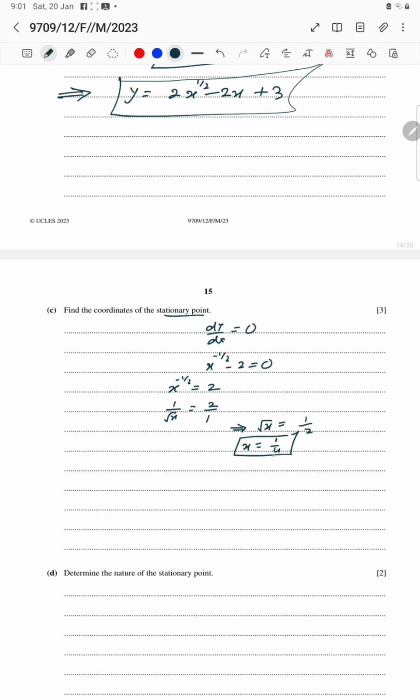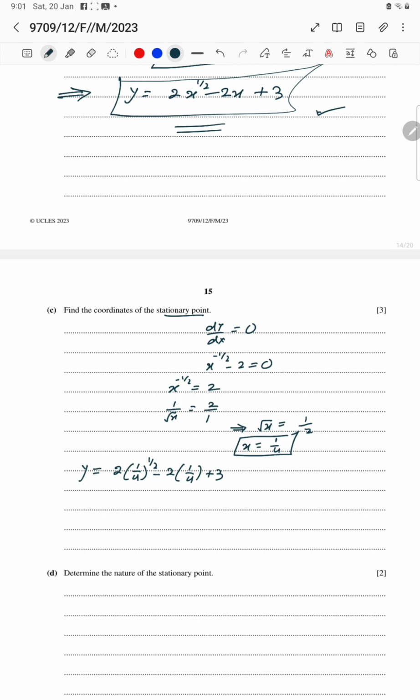Now for the y coordinate, we need to replace this x in the equation of the curve obtained from part B. So y = 2 times (1/4)^(1/2) - 2 times (1/4) + 3.